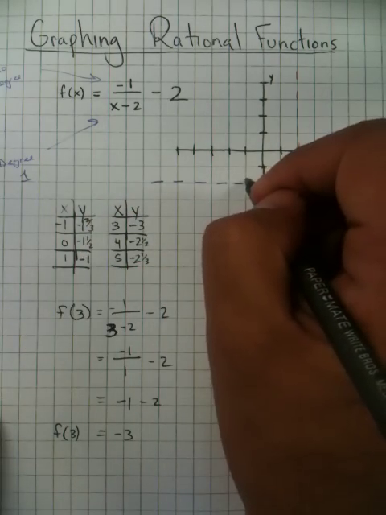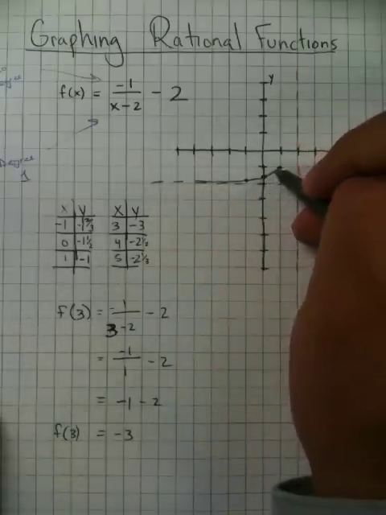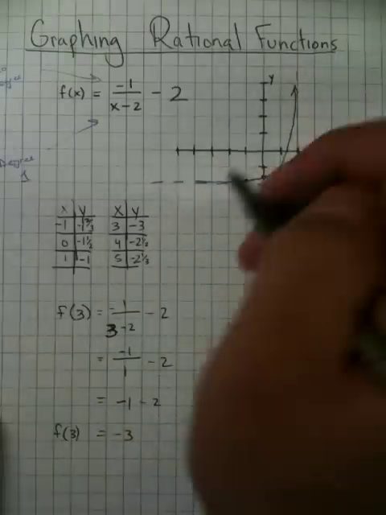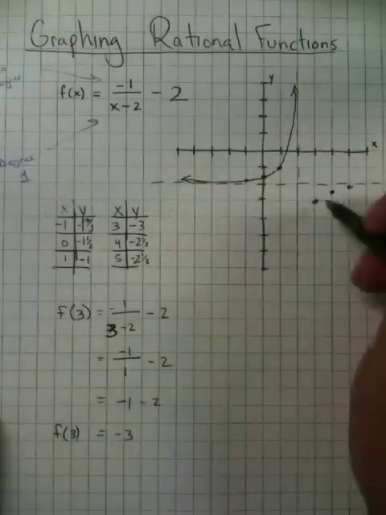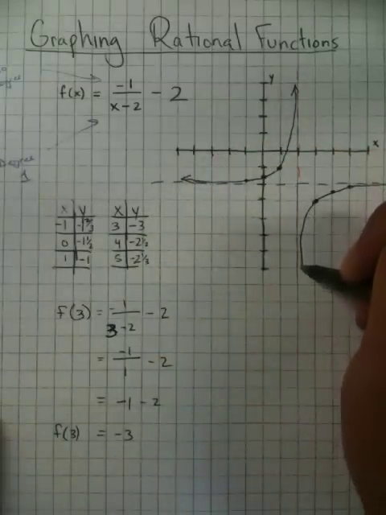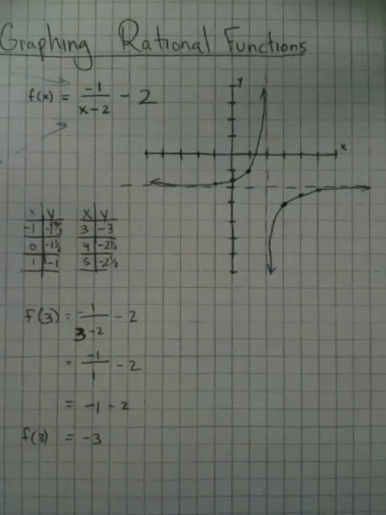Sorry about that. And by definition, once you connect these, they are going to get really close to your asymptotes, but never touch them. And that's how you graph this rational expression.